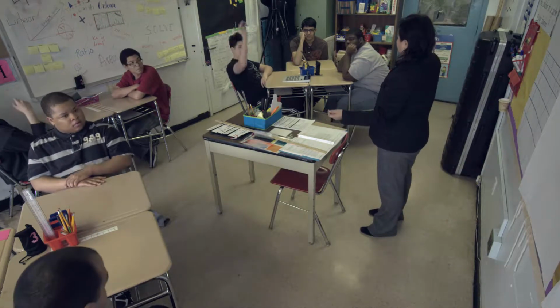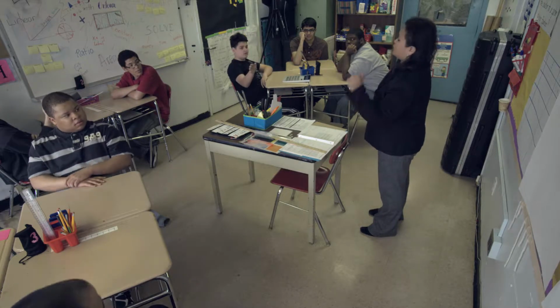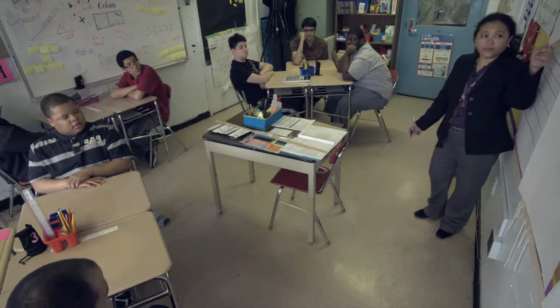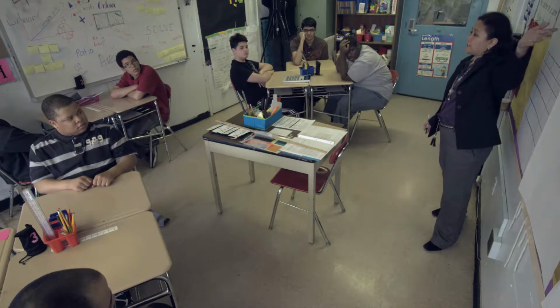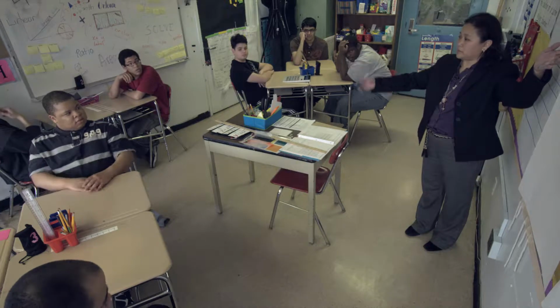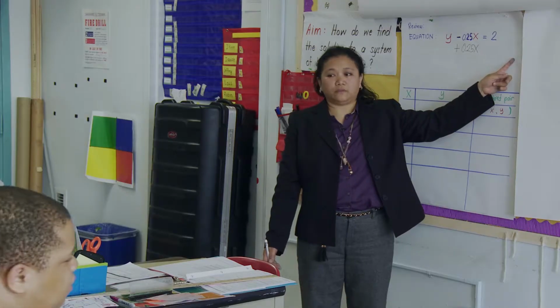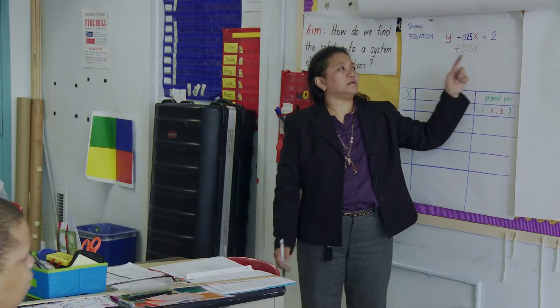Whatever we put on one side, we do to the other side. Alright, so in here we added 0.25x on one side. What do we do on the next side? Angel? We add 2 plus 0.25x.